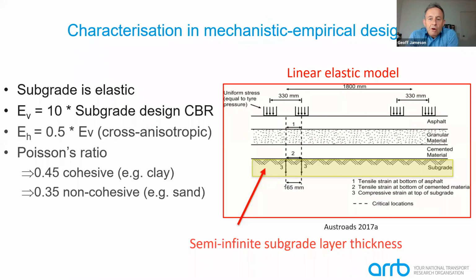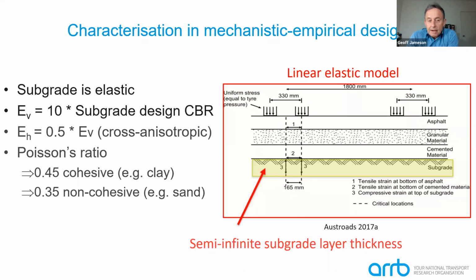Now, in terms of the mechanistic empirical design, of course, CBR is not terribly useful to us. What we need is a modulus value to use in our linear elastic model. And in our linear elastic model, subgrade materials are considered to be elastic.